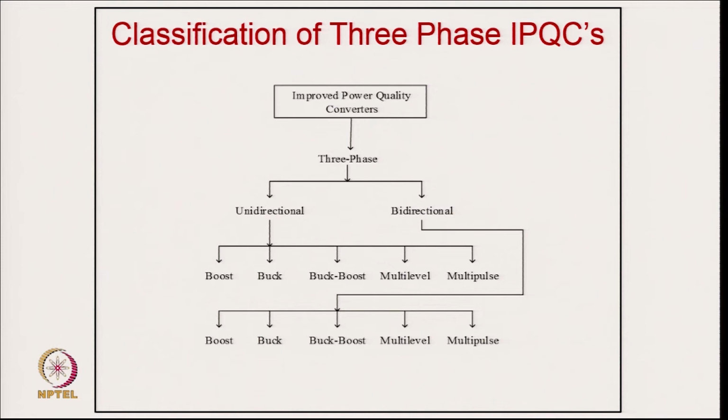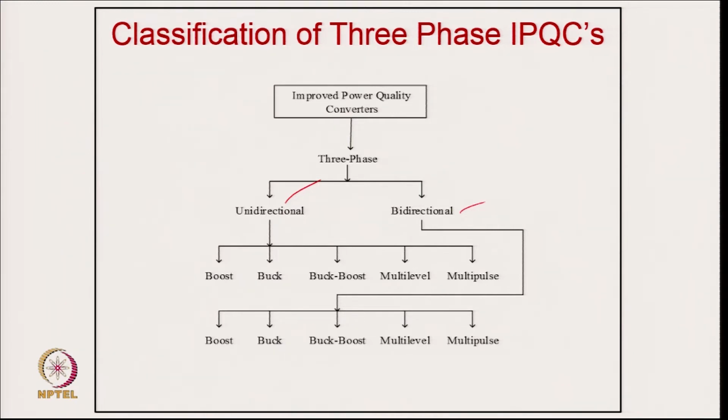Now, coming to the classification of these 3-phase improved power quality converters, we classify them based on power flow: unidirectional power flow and bidirectional power flow. For unidirectional power flow, the example I can talk about is typically a medium voltage drive for a large air conditioning or refrigeration system, where the power flows in one direction.